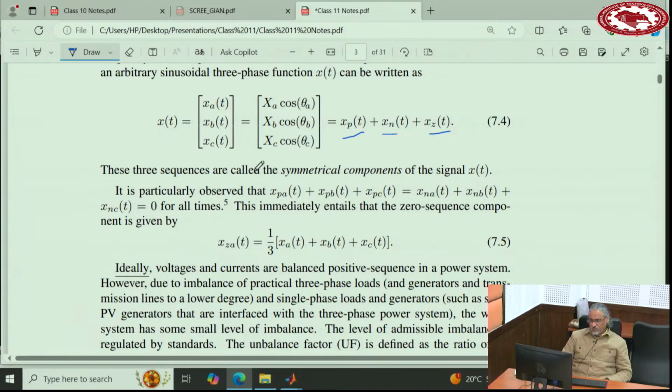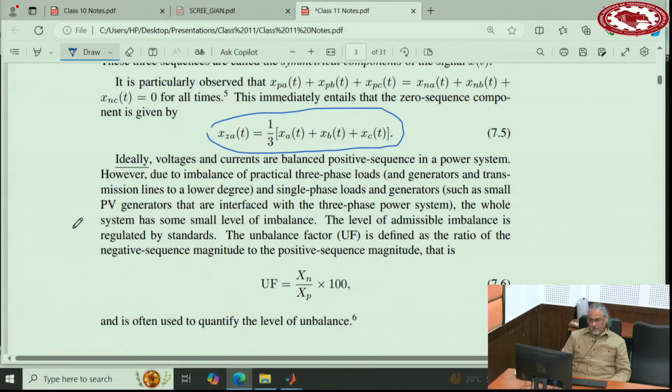So if you add together all these three, the positive parts become zero, the negative parts become zero, and the zero sequence parts add together, so 3 times the zero sequence equals XA plus XB plus XC. So the zero sequence you can easily calculate for any given waveform. If you have a three-phase waveform, you just add them together and divide by 3, and that gives you the zero sequence.